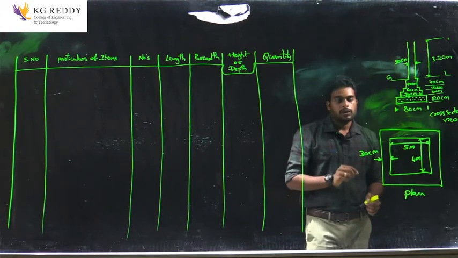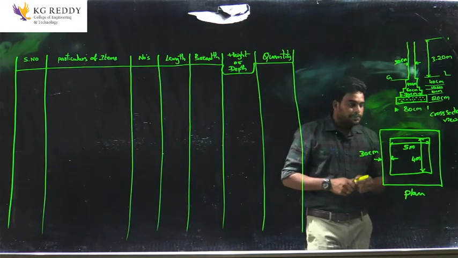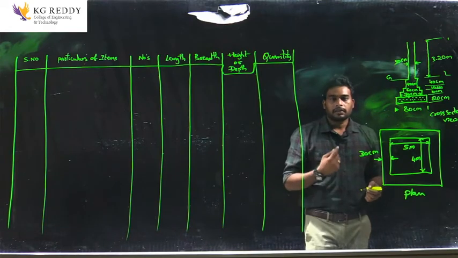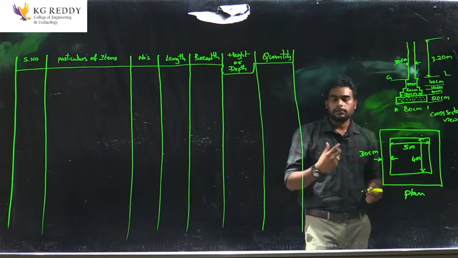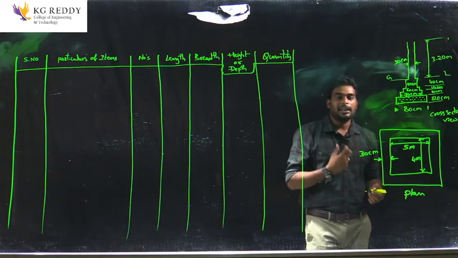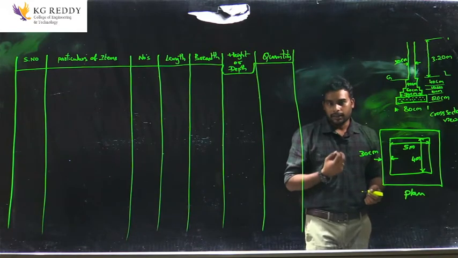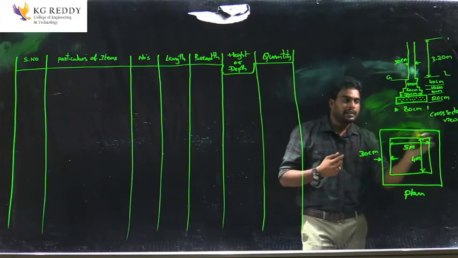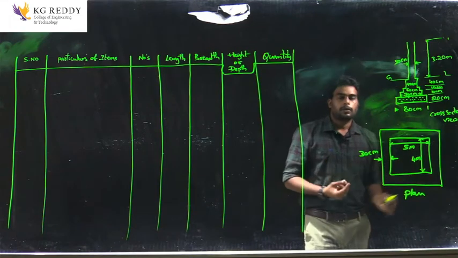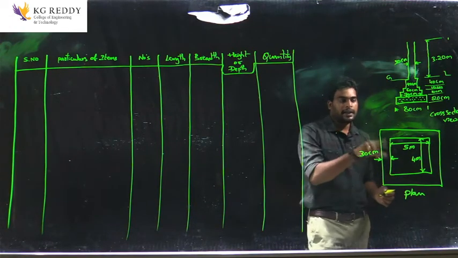Why I am mentioning the number of walls is because we are using the long wall short wall method, so we take individual walls. If we use the center line method, we can take the entire center length of the structure. Now we are using the long wall short wall method, that's why we are calculating individually.